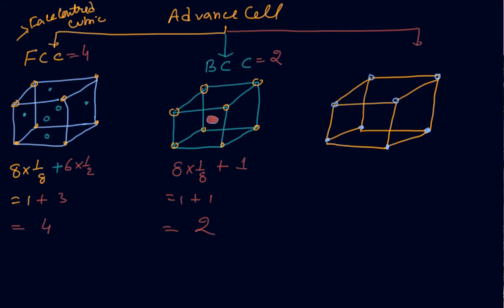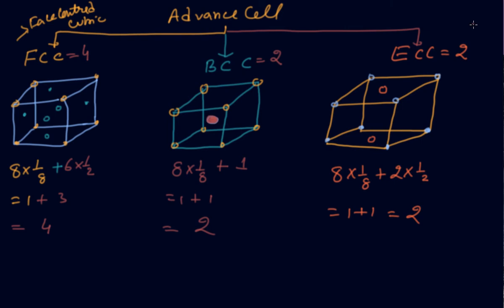In end centered cells, atoms are present at any two faces. Suppose I take this and this. So the number of atoms is 8 multiplied by 1 by 8, which comes to 1, plus 2 faces, each divided by half, because faces always share, gives 1. 1 plus 1 gives 2. So in the end centered cell, the number of atoms is always 2.